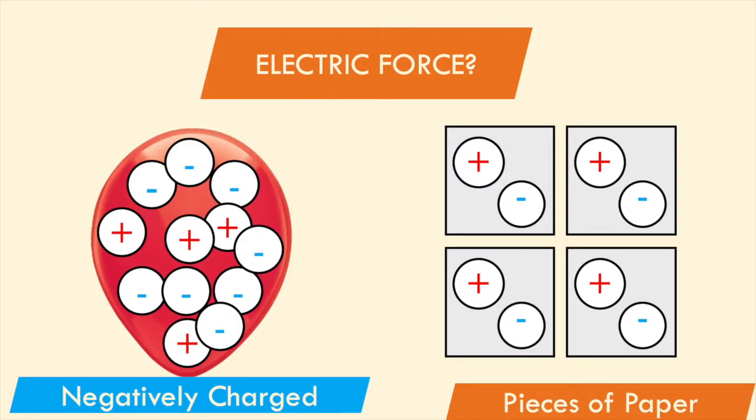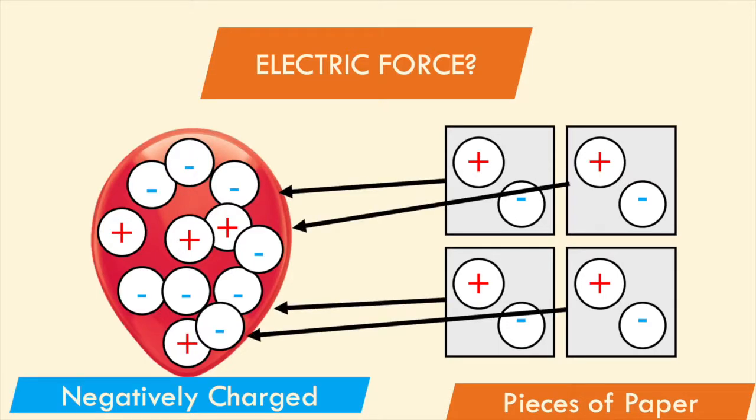Since there are a lot of small pieces that have positive charges, what you'll notice in real life is that those positive charges of the pieces of paper are going to be attracted to the large negatively charged balloon. And so those pieces of paper are going to get pulled in close because the positive charge on the piece of paper is going to be attracted to the negative charges on the balloon.